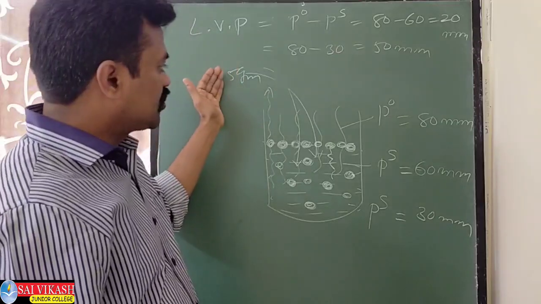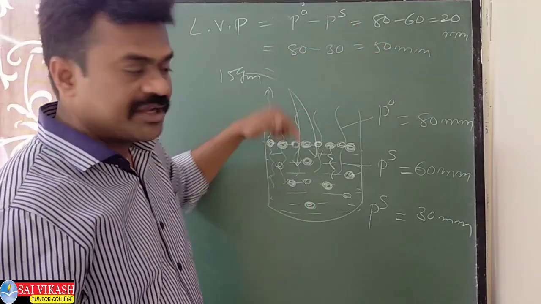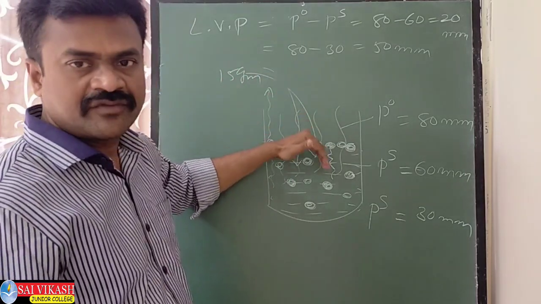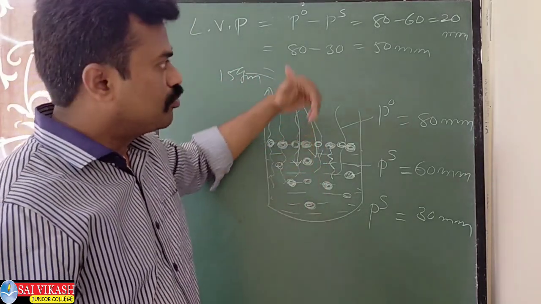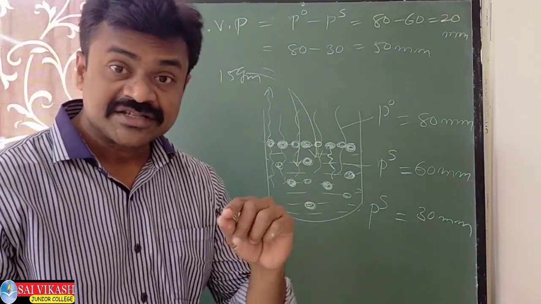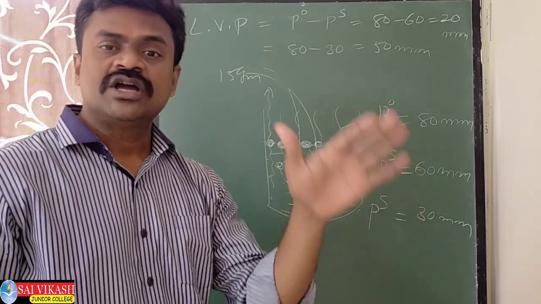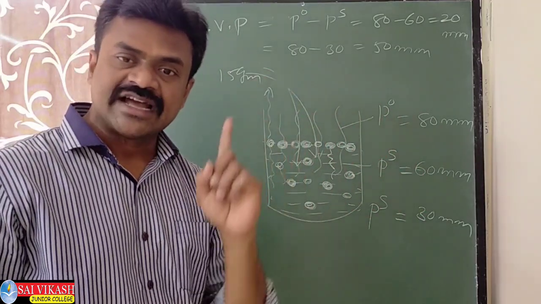Now when the quantity of the solute particles is increased, we got 50 mm. It means the more solute is added, the more is the lowering of vapor pressure. So lowering of vapor pressure is directly proportional to the quantity of solute added.